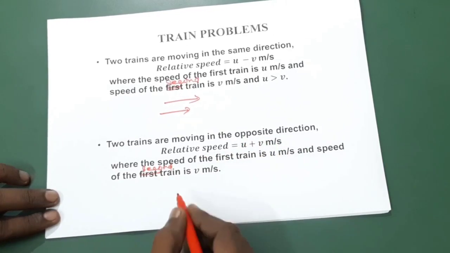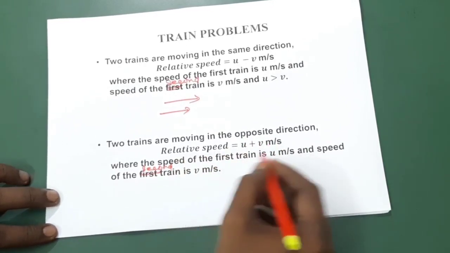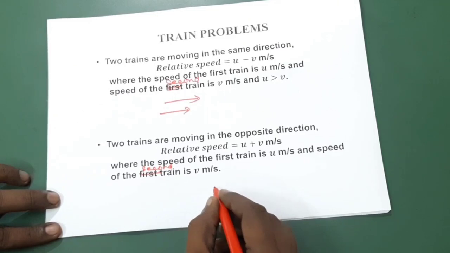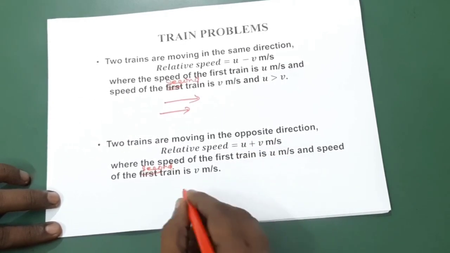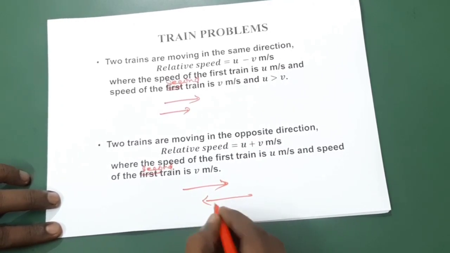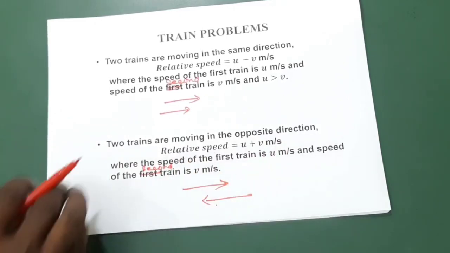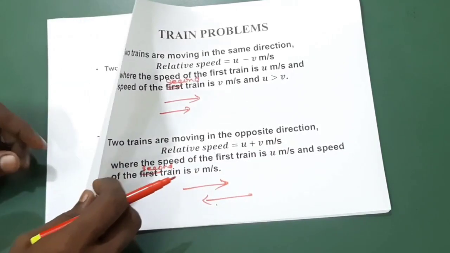And for the opposite direction, the relative speed is u plus v. So this train is crossing this train, and the relative speed is u plus v.